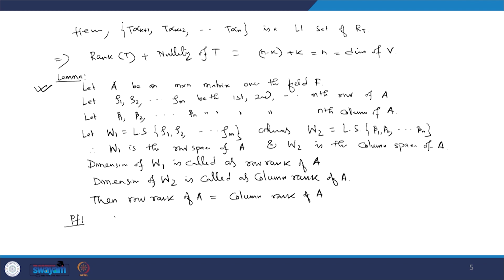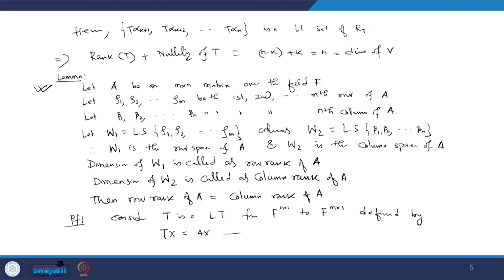Okay. So, consider T, a linear transformation from F n cross 1 to F m cross 1 defined by T of capital X equal to A x.